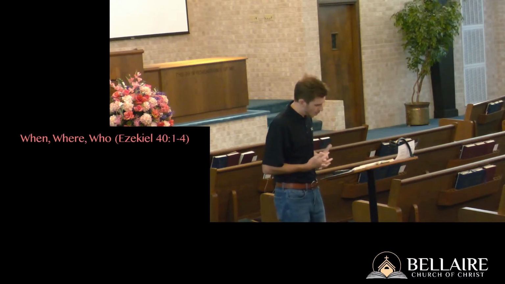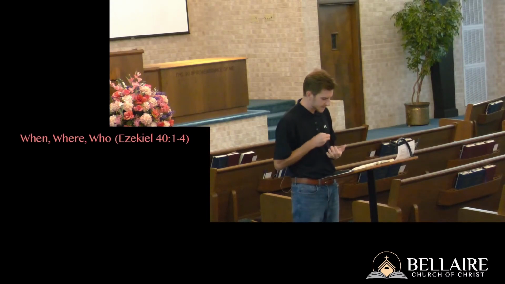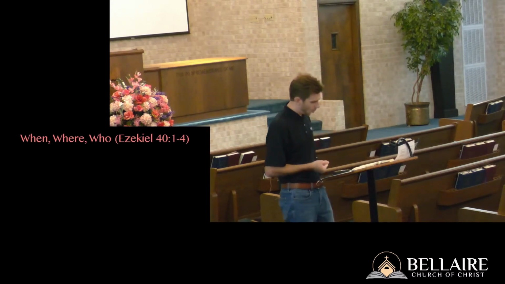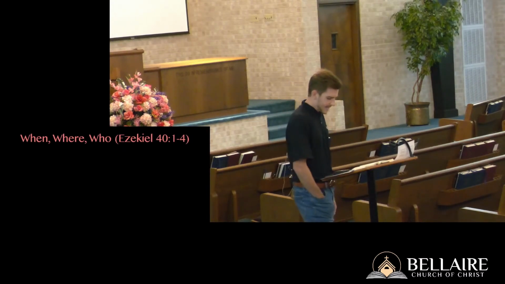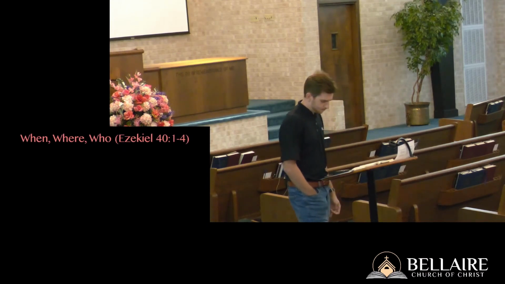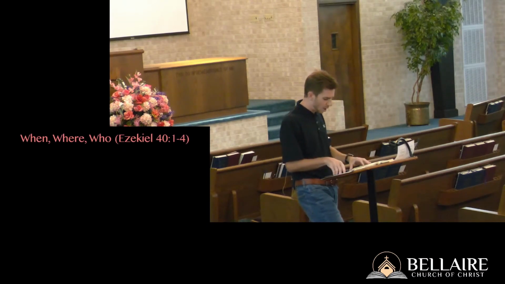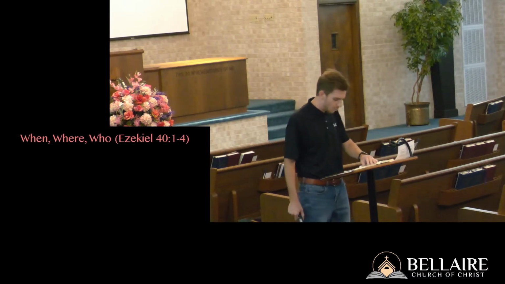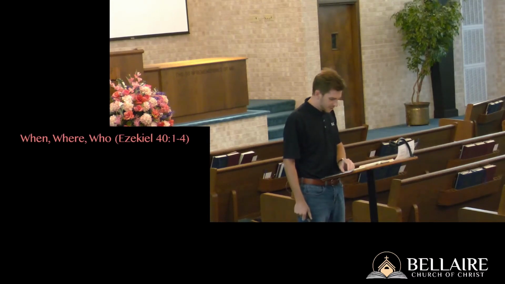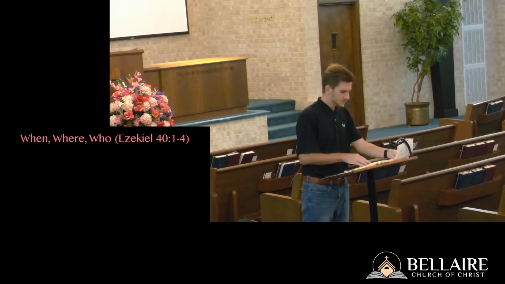When he brought me there, behold, there was a man whose appearance was like bronze, and with a linen cord and a measuring reed in his hand, and he was standing in the gateway. And the man said to me, Son of man, look with your eyes and hear with your ears, and set your heart upon all that I shall show you, for you were brought here in order that I might show it to you. Declare all that you see to the house of Israel."